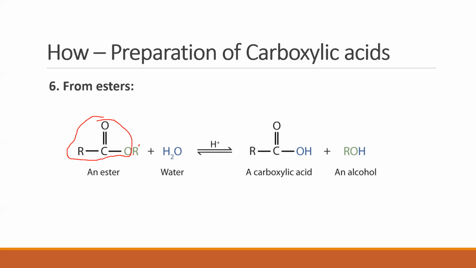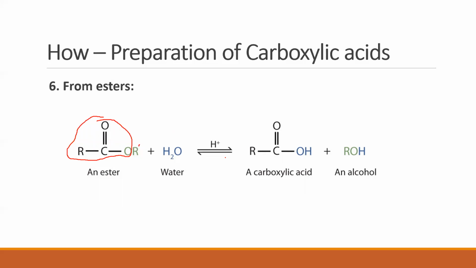All you need is H plus. Clear? Now let's understand whether it gets removed like this or in a different way. All you need to do is react an ester with water. Again, water gives us what? Water gives us H plus and OH minus.